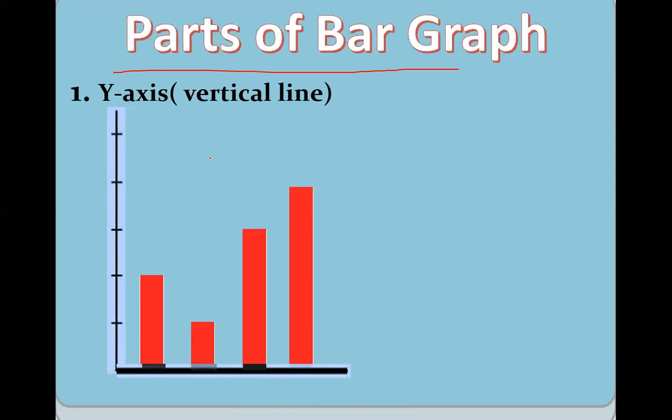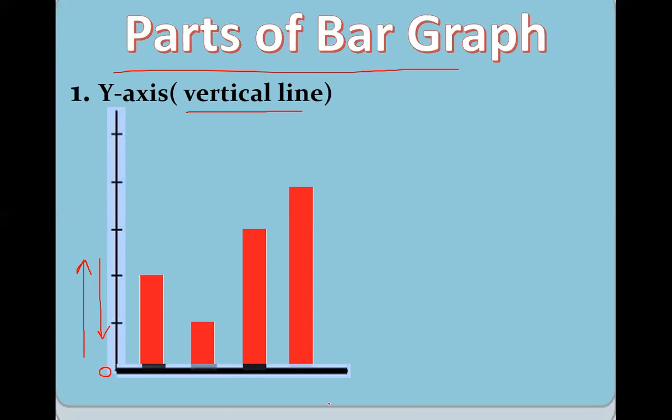The y-axis is the line which is standing, going up and coming down, and it is called a vertical line. It runs from 0 in the up and down direction.